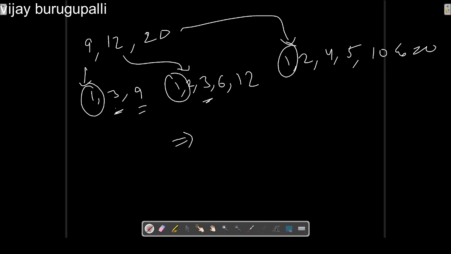So here the only common factor is 1. This is the highest common factor for 9, 12 and 20. So the HCF of 9, 12 and 20 will be 1.